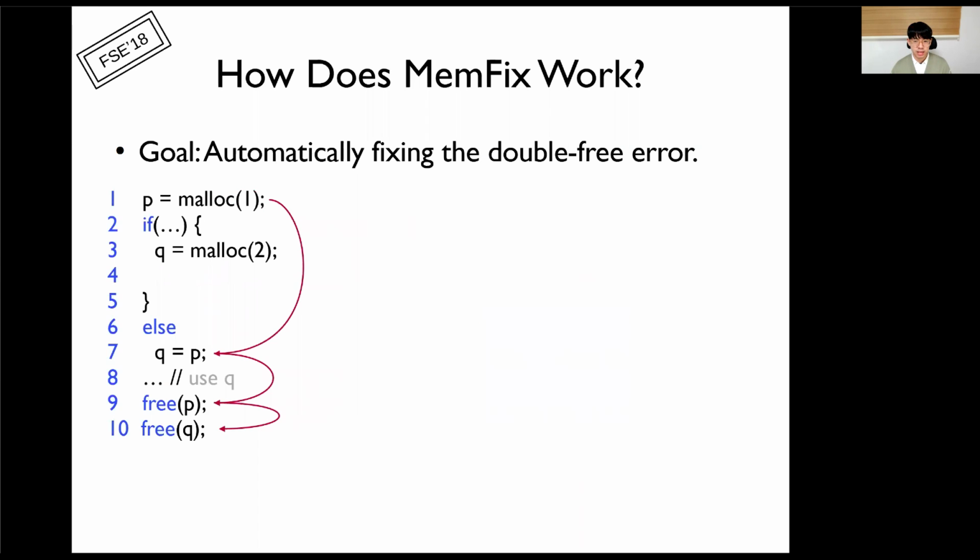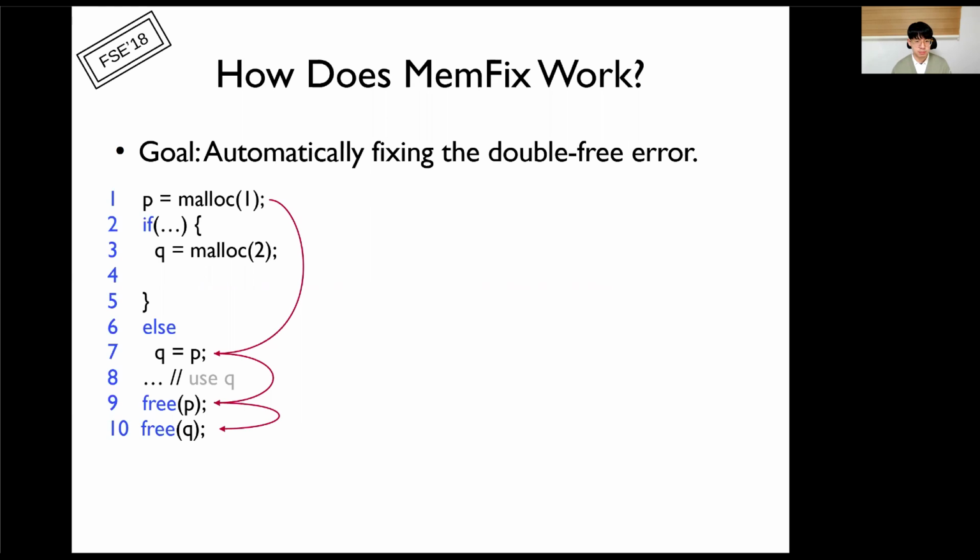Now let me explain how MemFix works with these tiny codes. This code has double-free errors which occur along lines 1 and 7 and lines 9 and 10.